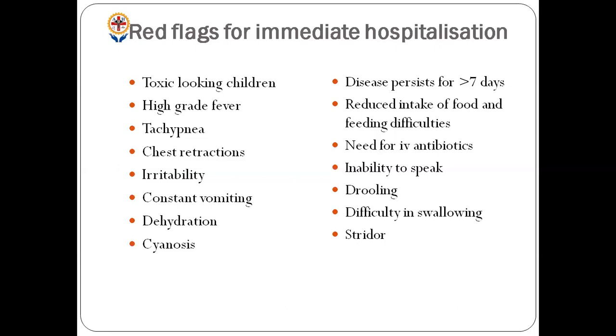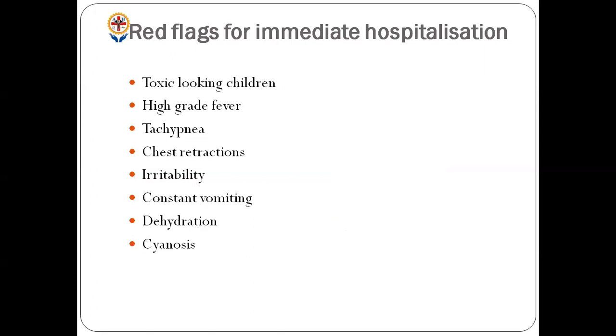So how do you manage this child? We'll admit the child, start fluids and IV antibiotics, so treat the child on an inpatient basis. So you are treating the child for this present infection. Does this child need any further workup?